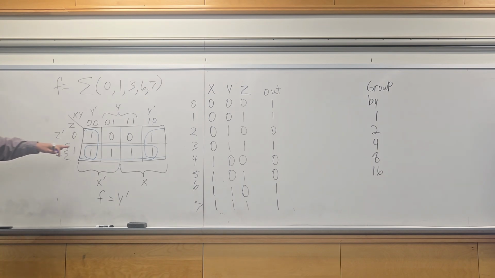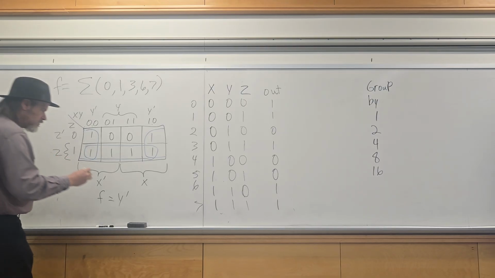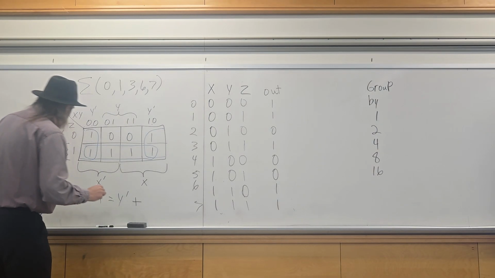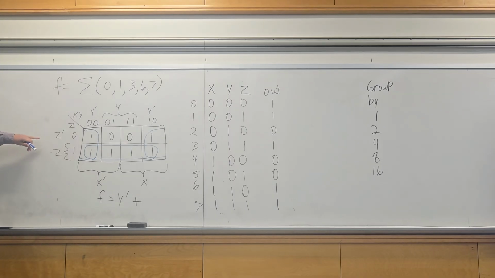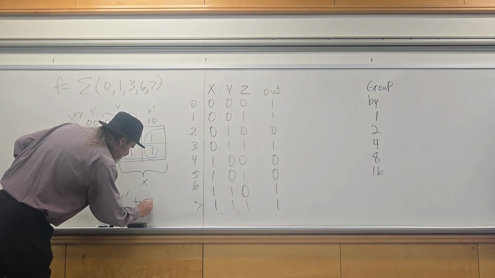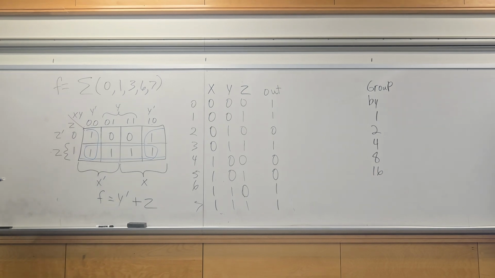So this one would be the y prime we got before, and this group is all in Z, so y doesn't matter, x doesn't matter, so it's all in Z. So it'd be y prime or Z.